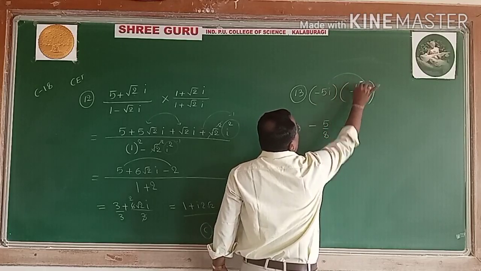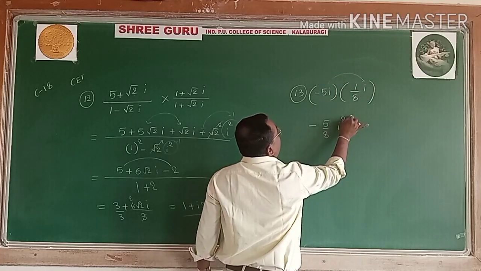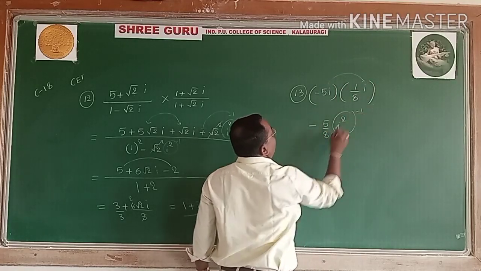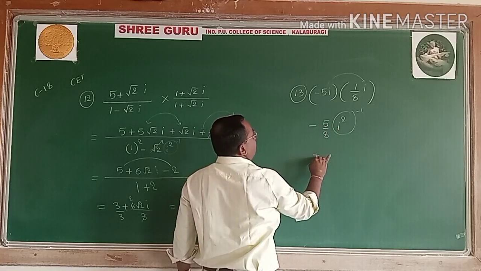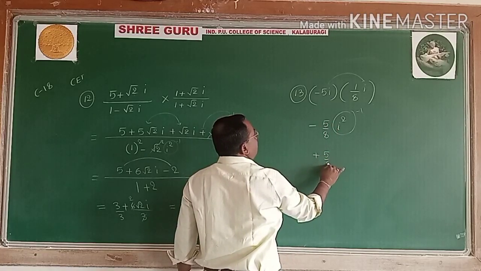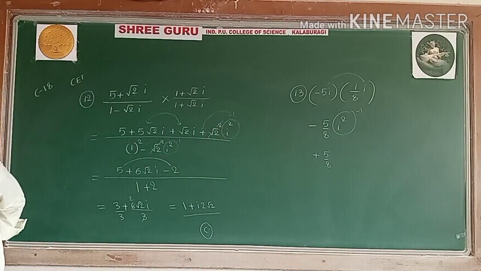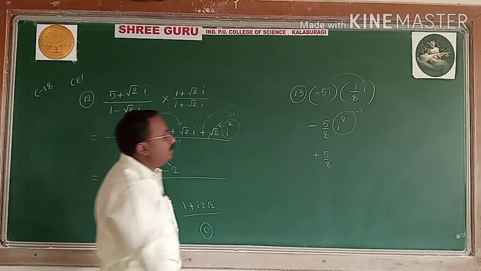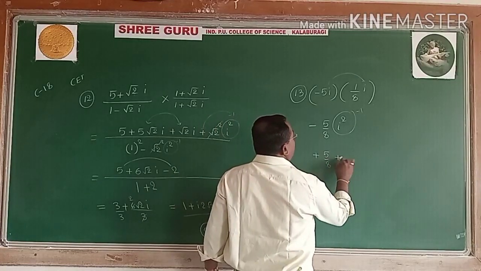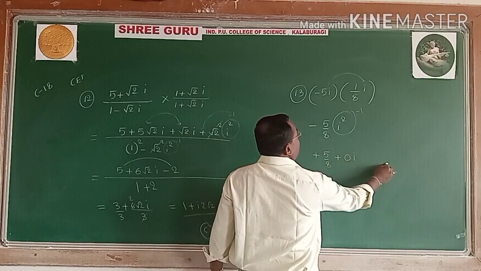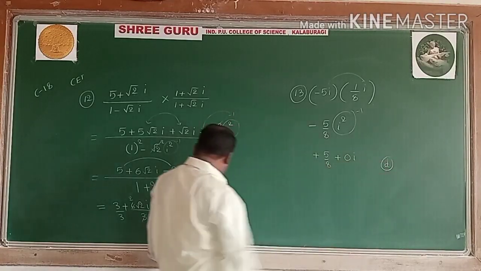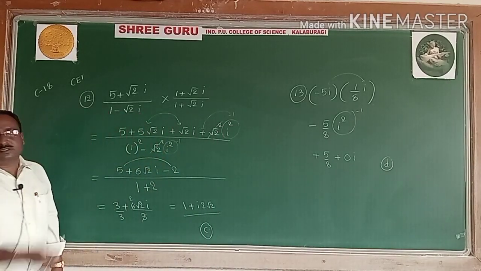I into i is i square, and i square value is minus 1. Minus times minus gives plus 5 by 8. Example number 13 answer is option D, 5 by 8. Imaginary part is 0.